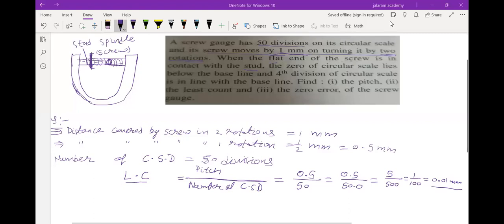Yes. So, if on connecting the stud and spindle of a screw gauge, the zero of the circular scale lies below the zero of the baseline, then the screw gauge is said to have the positive zero error. Okay, very good. And any other student will tell the negative zero error?